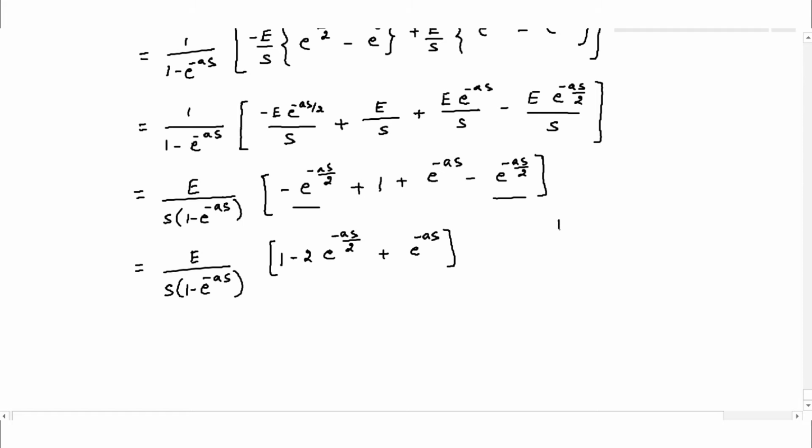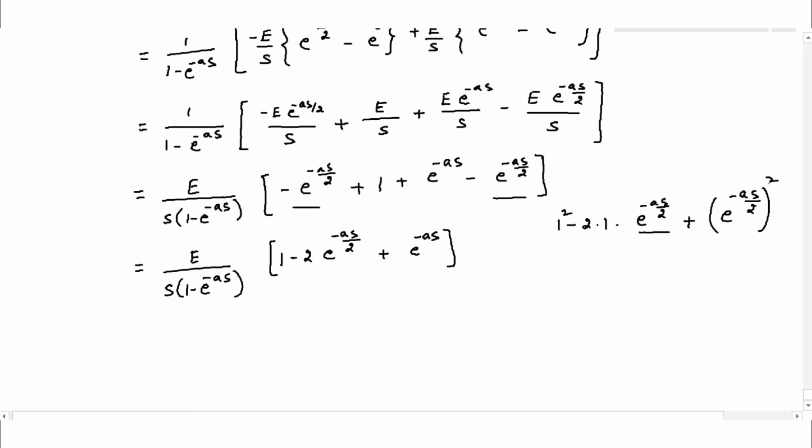So a square will be 1, minus 2 times of a value will be 1 into b value, if you want to get the same expression, I'll just write it as e power of minus as by 2. Alright, so this has become a square minus 2ab plus, I have to write b square. So in this case b is this expression, so e power of minus as by 2 whole square.